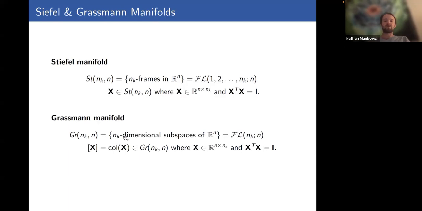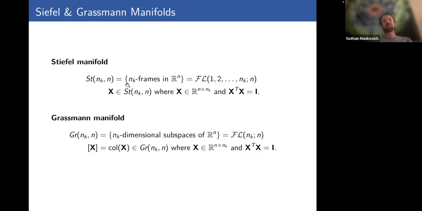So the Grassmann manifold, why did I introduce the Stiefel manifold? Well, we're going to use it to parameterize subspaces because the Grassmann manifold is the set of all n_k dimensional subspaces of R^n, which again, isn't exactly an equal sign, but you can think of it as FL(n_k; n).